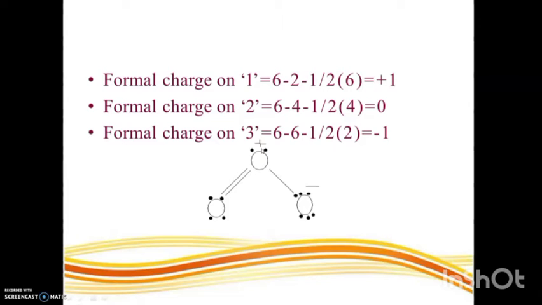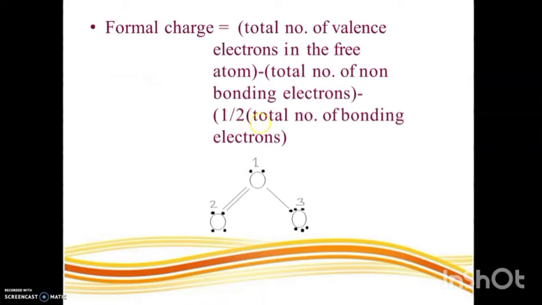There are 6 bonding electrons, and 2 non-bonding electrons. So the charge on this oxygen will be +1.